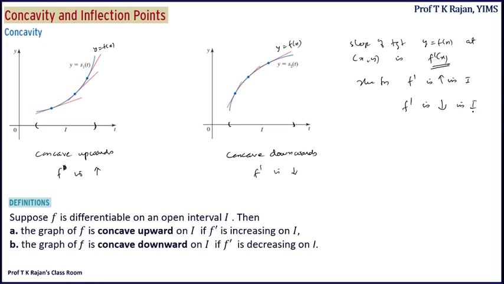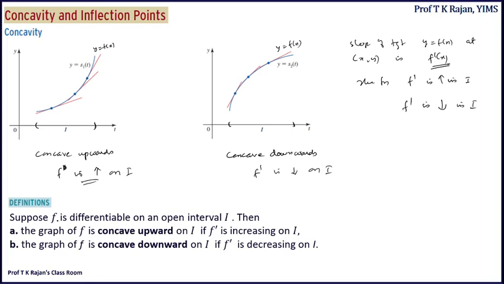If there is any point in the interval where f dash is not defined, this definition will not work. Then the graph of f is concave upward on I if f dash is increasing on I, and the graph of f is concave downward if f dash is decreasing on I.